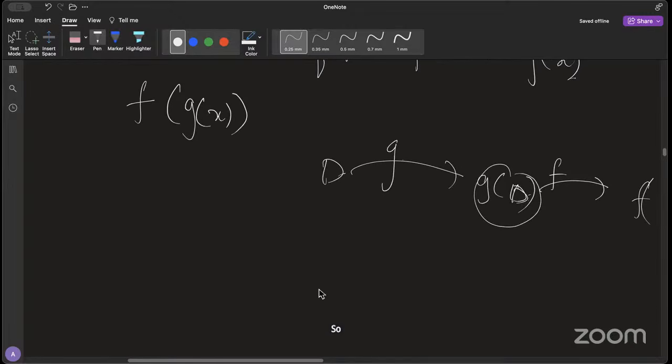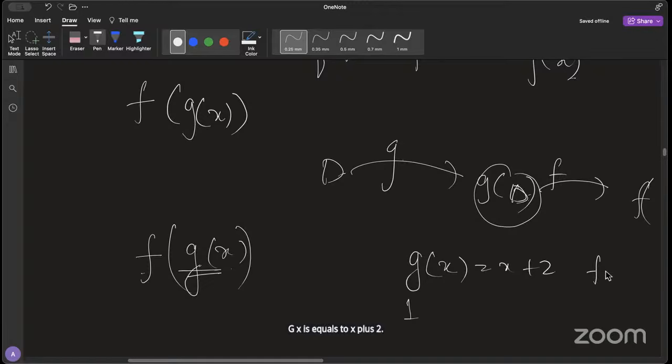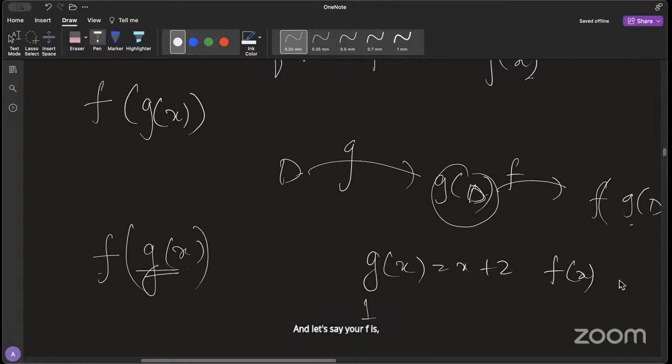So for example, let's say you have x. This is how it works. You have x, then you apply g to it, and you get g(x), right? And then you apply f to this entire thing, so you get f(g(x)). For example, let's say you have the number 1, and g(x) = x + 2, and let's say f(x) = x squared.